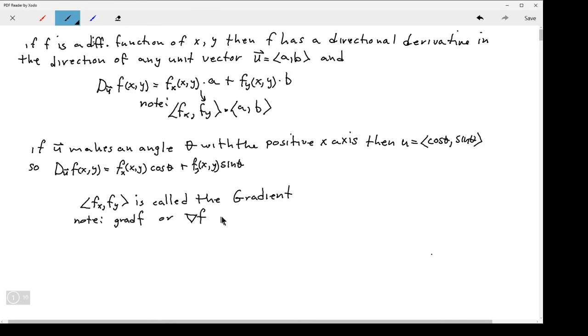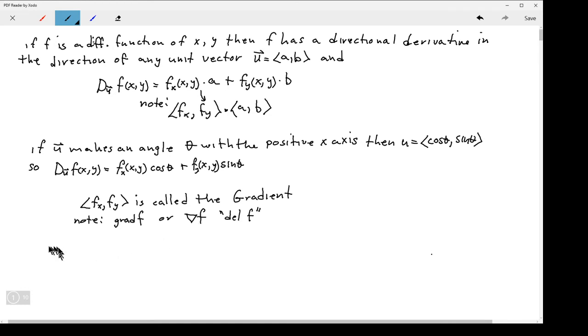This is pronounced del f, not delf, del f. That's the notation I learned and have always used, so that's pretty much the notation I'm going to use going through the rest of this.